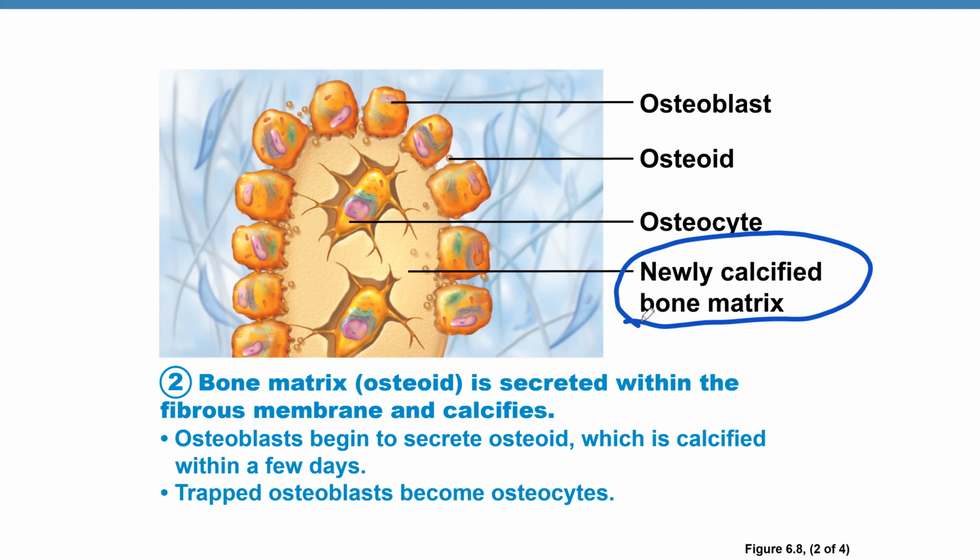It's not mature bone yet, but it's newly calcified bone matrix. Those osteoblasts that were inside the ossification center are now trapped inside this calcified matrix, and they change into osteocytes. So trapped osteoblasts become osteocytes.